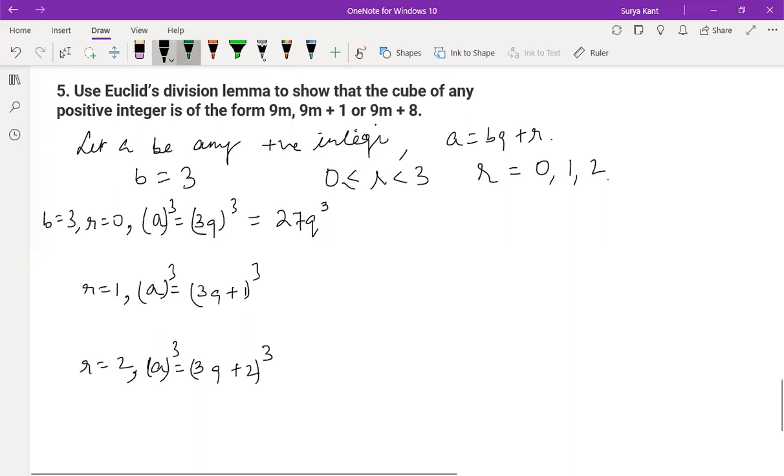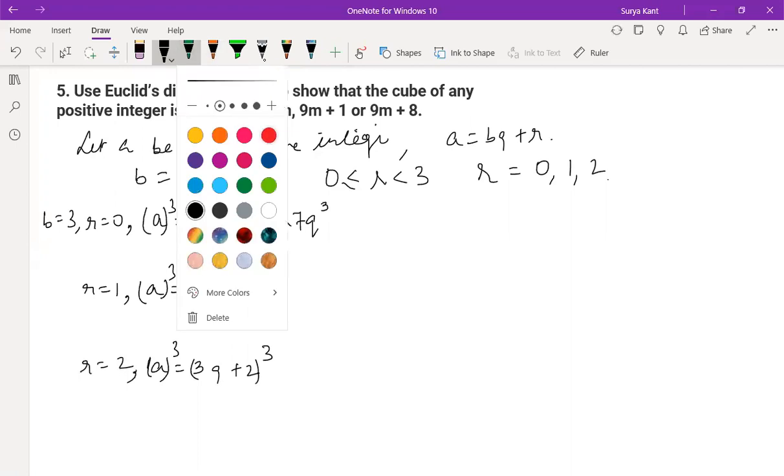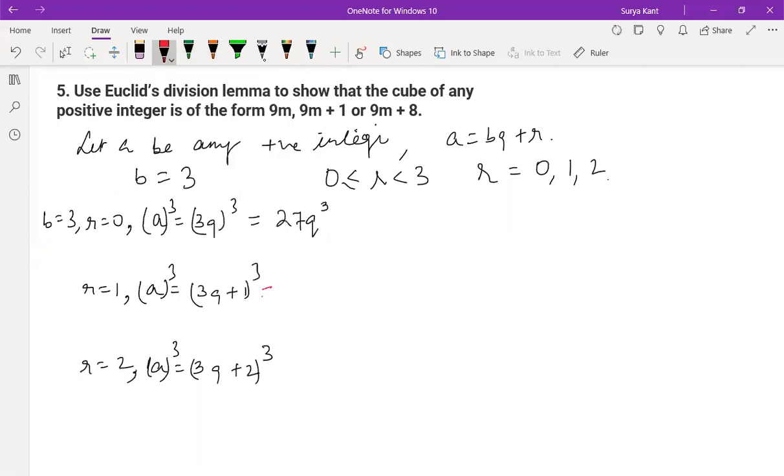Second one, what can you write for the second one? (a plus b) whole cube. Can you tell me the formula? Any one of you? Tell me the formula. (a plus b) whole cube. Sir, a cube plus b cube plus 3a square b plus 3ab square. Okay, those who don't know, just write the formula here.